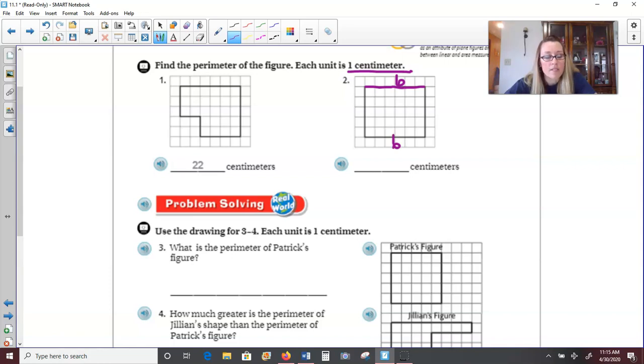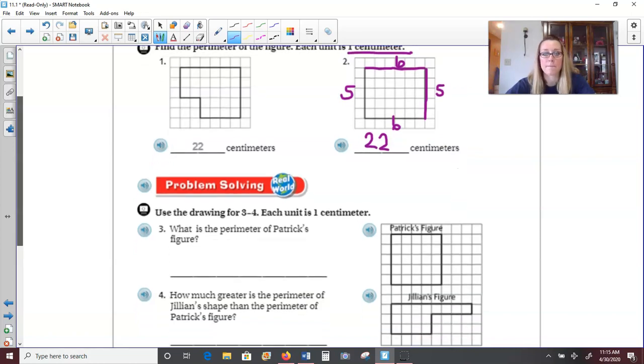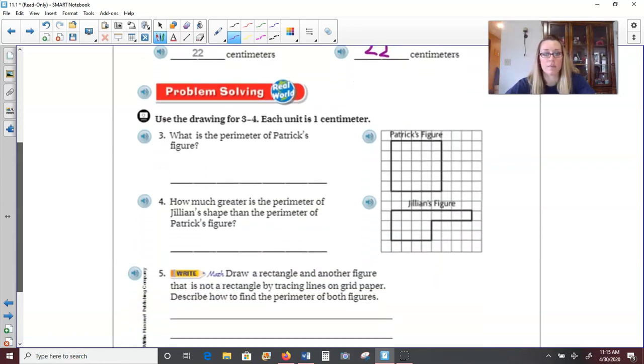And then down the side, 1, 2, 3, 4, 5. So if this side is 5, then the opposite side is 5, and that can help me get the total perimeter. 5 plus 5 is 10, 6 plus 6 is 12, 10 plus 12 is 22. They ended up being both the same. 22 centimeters for the perimeter.